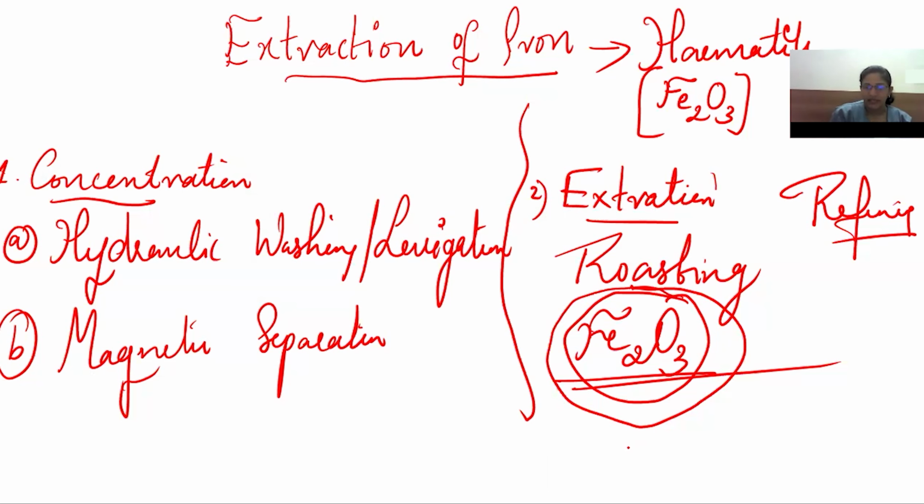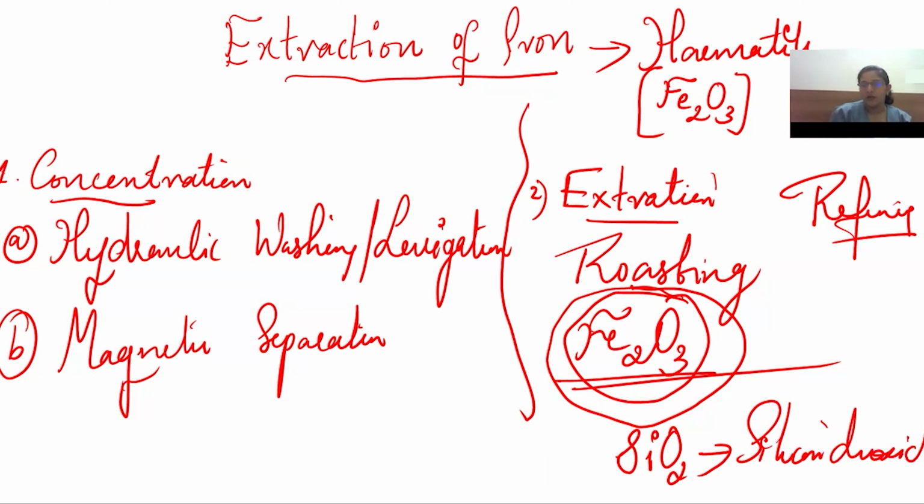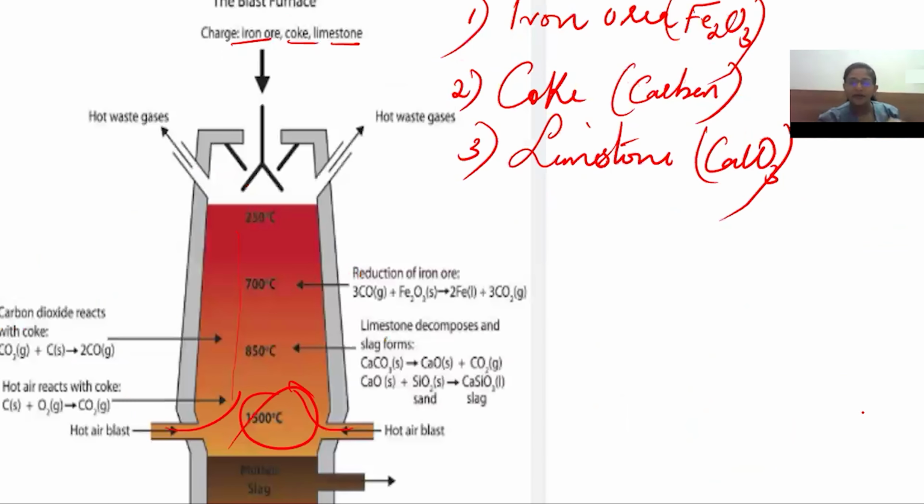Which impurity is that? It is SiO₂, that is silicon dioxide. So what is our task? This impurity will not go away like that, so we have to remove it.